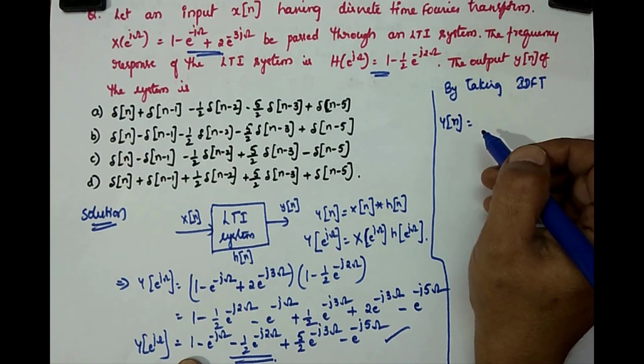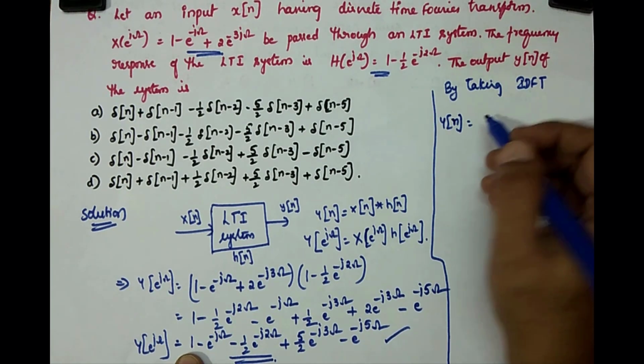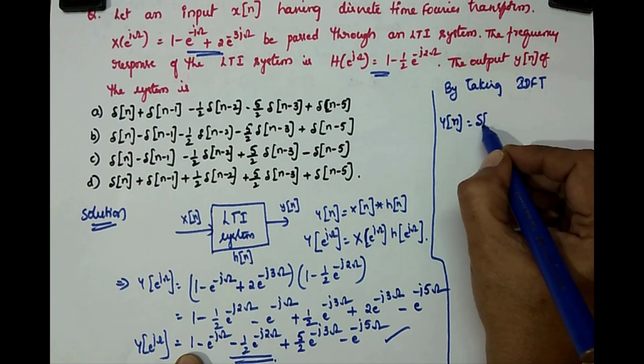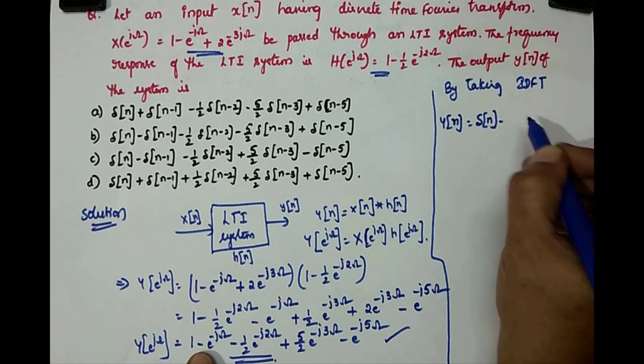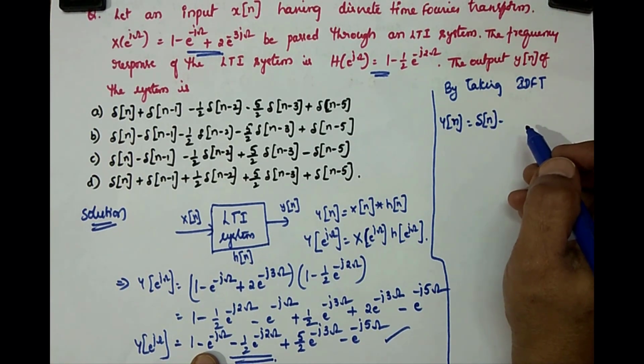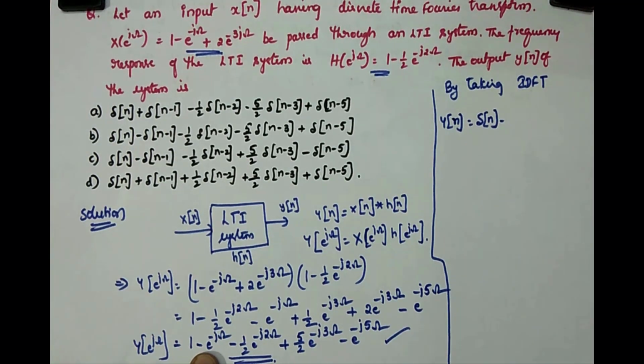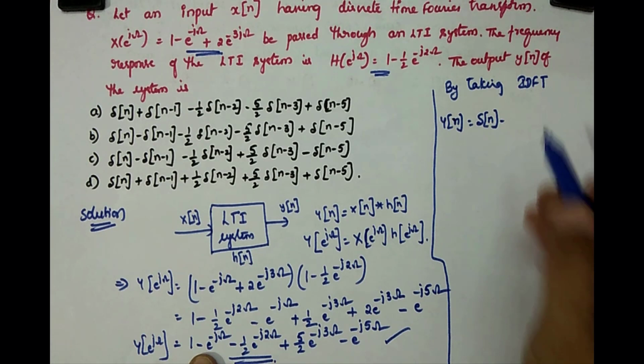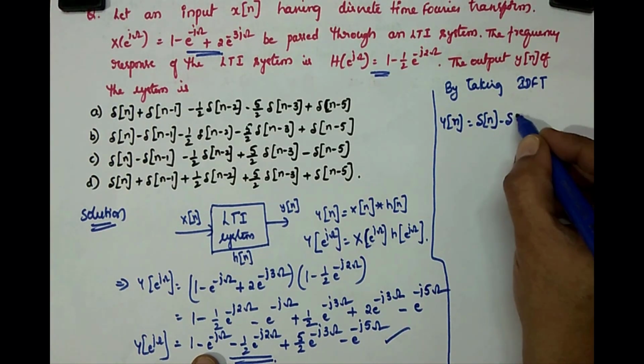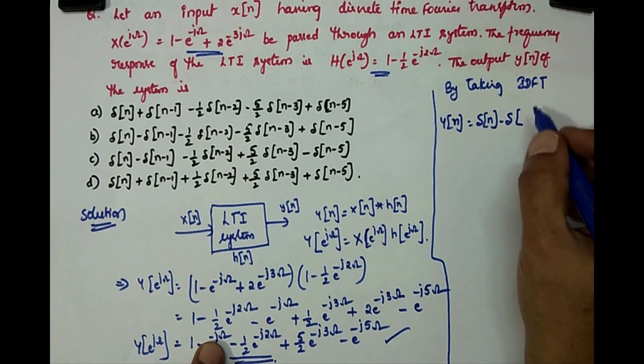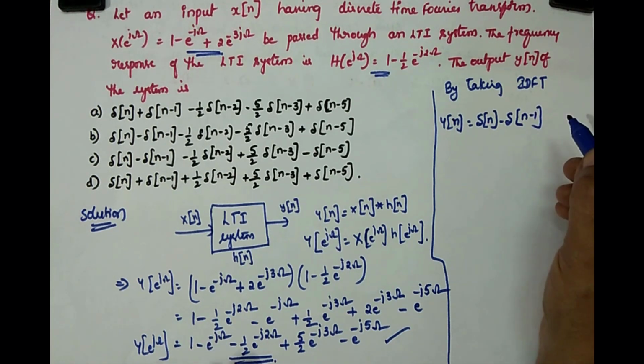For the first term, the inverse transform is δ[n]. For −e^{−jω}, it is −δ[n−1].